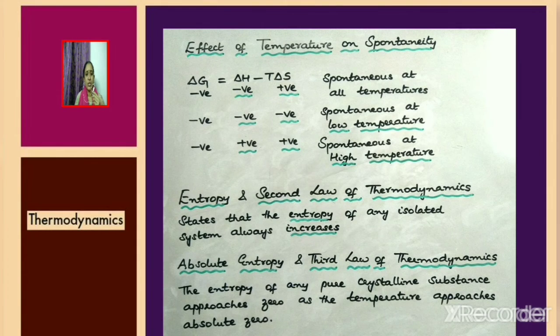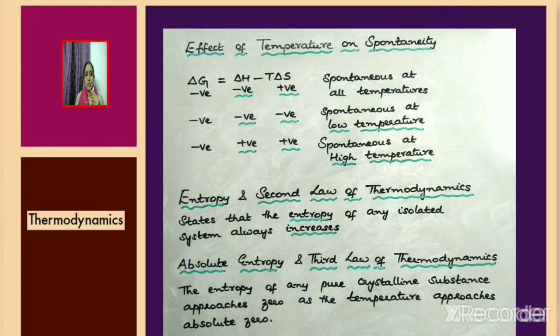Effect of temperature on spontaneity. We know that a reaction will be spontaneous if free energy change delta G is negative. So a reaction will be spontaneous at all temperatures if delta H is negative and delta S is positive, so that delta G is negative. Next we shall see when will the reaction be spontaneous at low temperature.